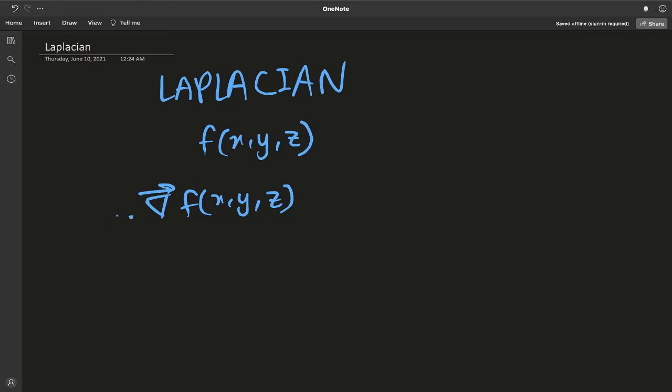And then take the divergence of the gradient, and this quantity we represent by the right side up triangle, delta of f, or this nabla squared, del squared of f.